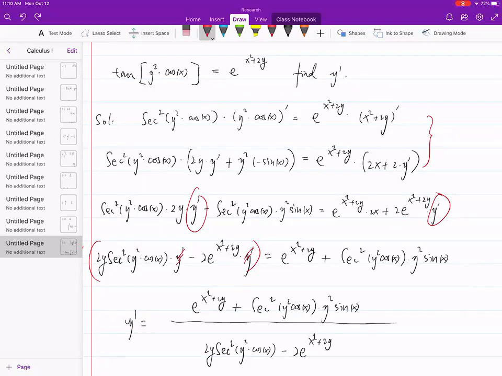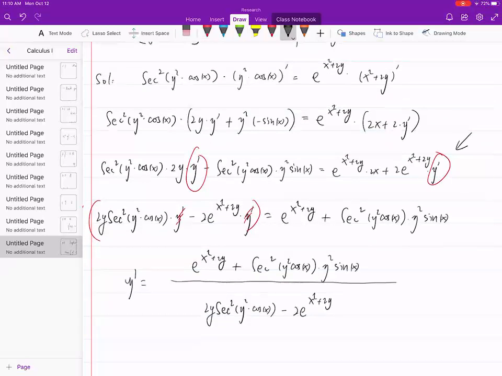Yeah, so I had one question. On the third step, when you go from here, why is there a y squared times negative sine x?